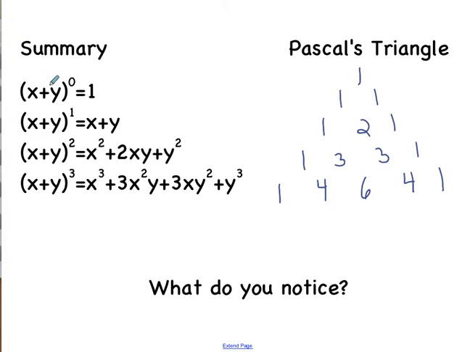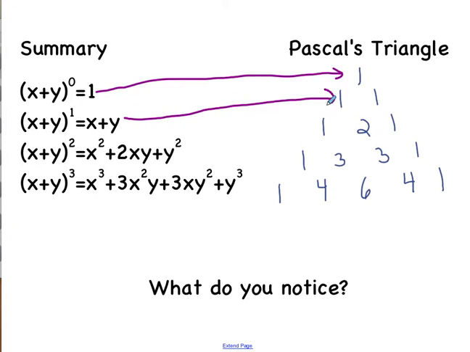So you'll notice x plus y to the 0 is 1. That corresponds with this. X plus y to the first power corresponds with this. X plus y squared corresponds with this row.